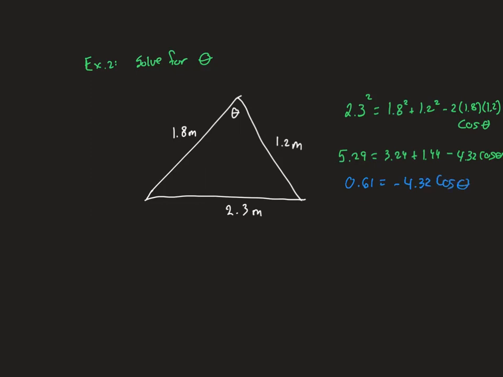So I want to get rid of this multiplication now, so I'm going to divide both sides by negative 4.32. Alright. So this is going to leave the cosine by itself.